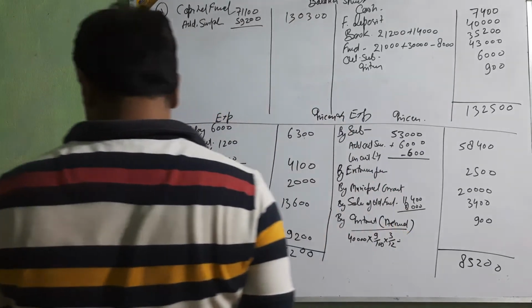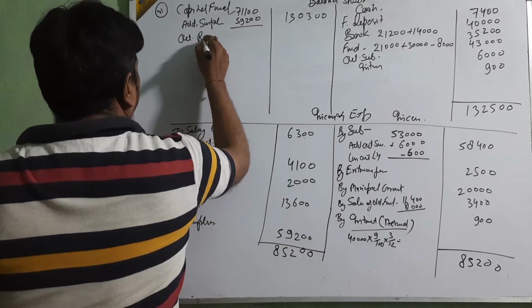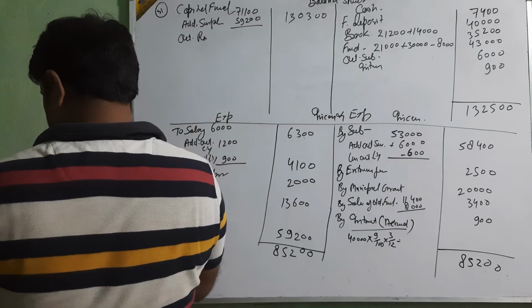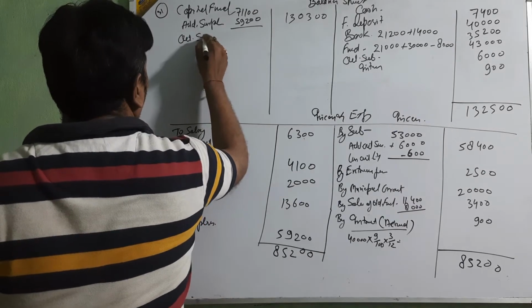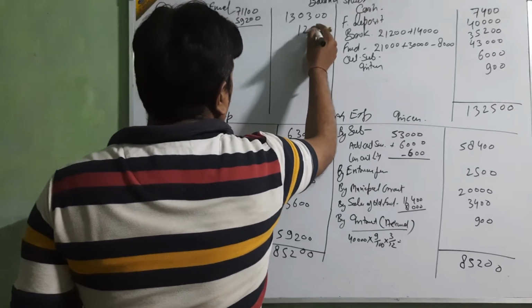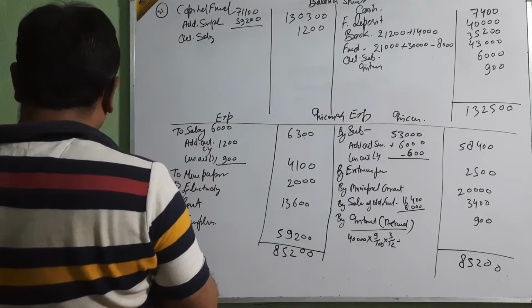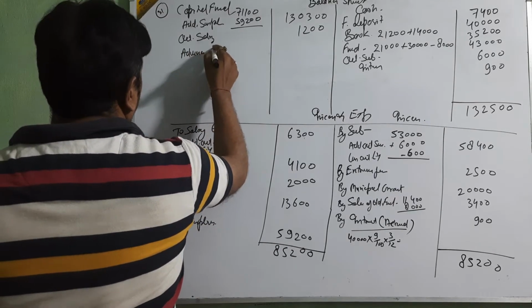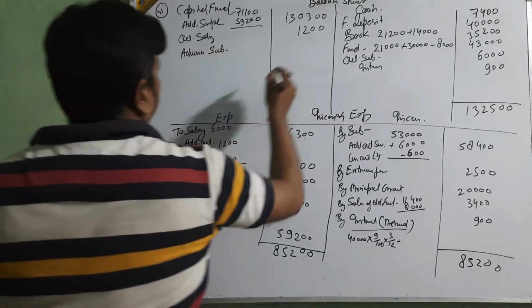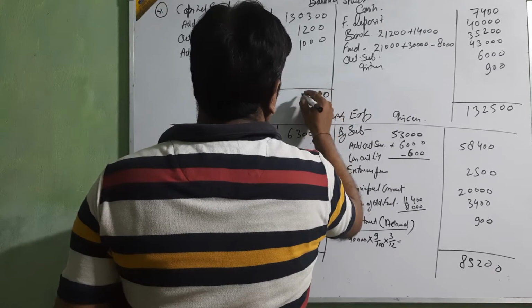Okay. And then outstanding rent. What is there? Sorry, salary. Outstanding salary 1,200, beta. And advance subscription 1,000. Okay, 0, 0, 5, 2.